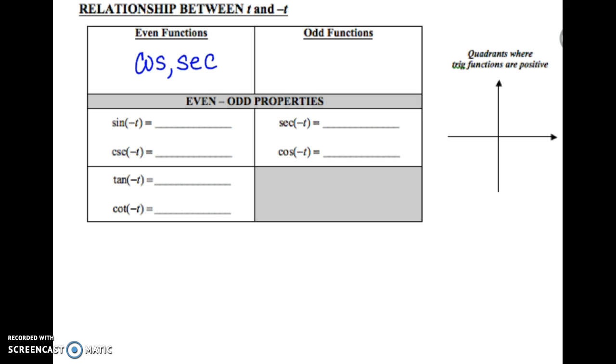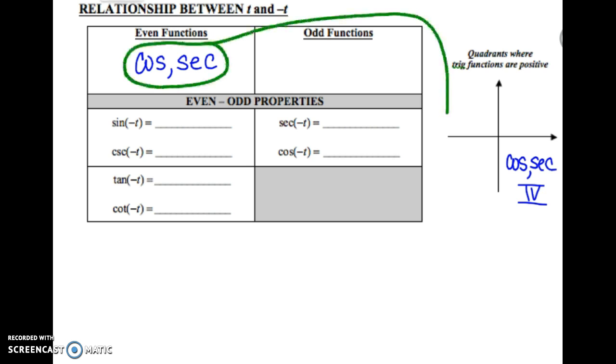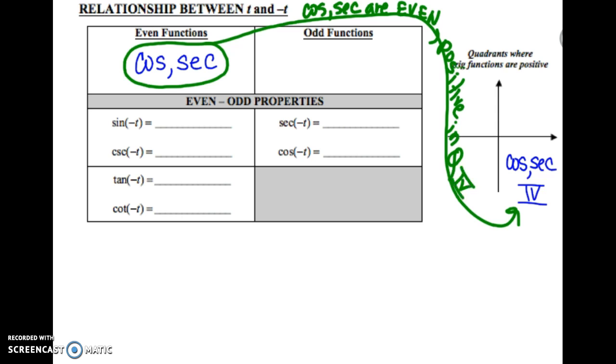The reason I have the quadrants over here where the trig functions are positive is to help you remember that cosine and secant are the even functions, and they are the ones that are positive in quadrant 4.